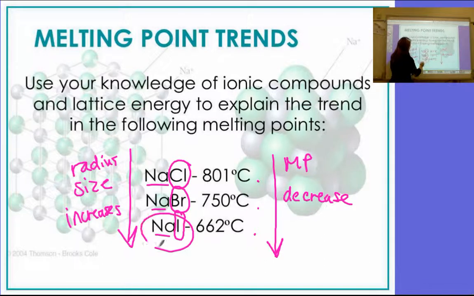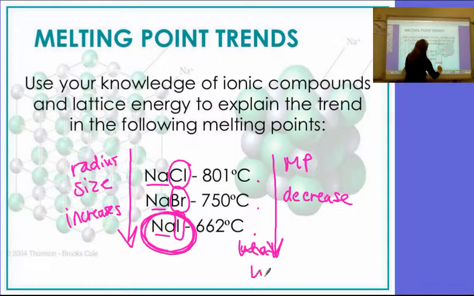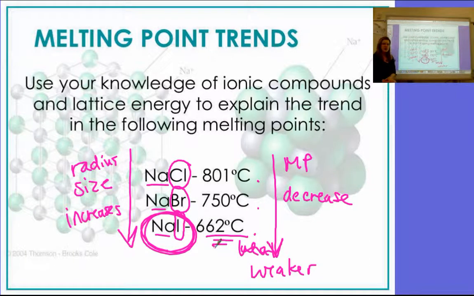So the larger the atoms, the weaker the lattice energy. It would take less energy, these guys would melt first, to break things that are weaker or larger. They can't hold together as tightly as something that would be smaller and more compact.